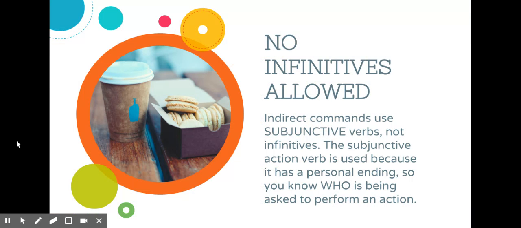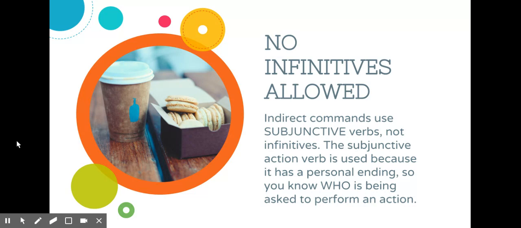No infinitives will be present in any indirect command. An indirect command uses a subjunctive verb because when you're asking someone to perform an action, you need to have an action verb that says what they're going to do, not an infinitive that has that possibility of action but not actual action.